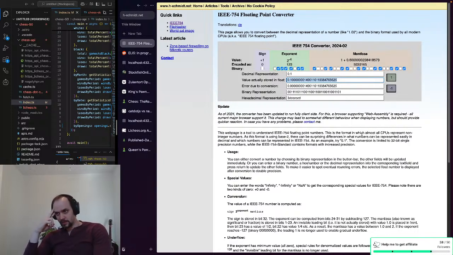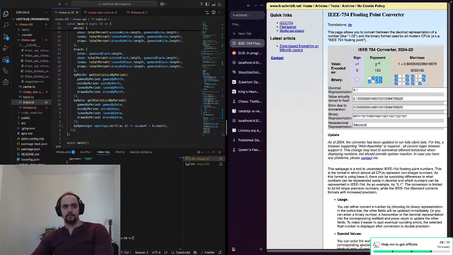So would this only be an issue with fractions? Yes, absolutely. It'd only be an issue for fractions. And so you can imagine that you're writing banking software, right?